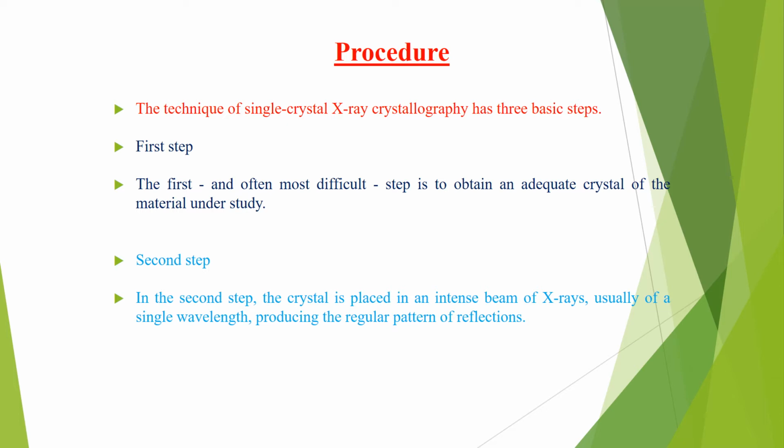And in the second step, the crystal is placed in an intense beam of X-rays, usually of a single wavelength. That means the X-rays coming from the X-ray tube are passed through a monochromator, and after passing through the monochromator, they contain only a single wavelength and produce a regular pattern of reflections.